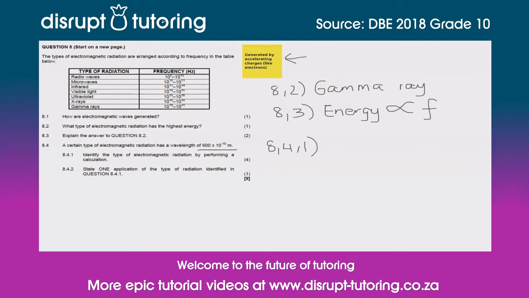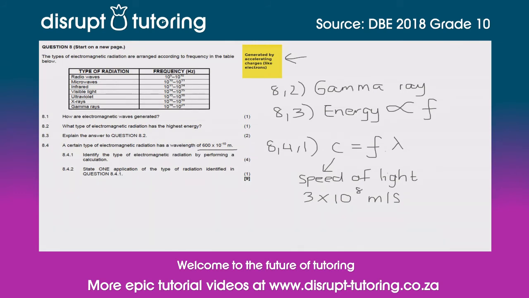The formula is c equals f times lambda, where c is the speed of light. And we know that the speed of light is 3 times 10 to the 8 meters per second. That's pretty fast.